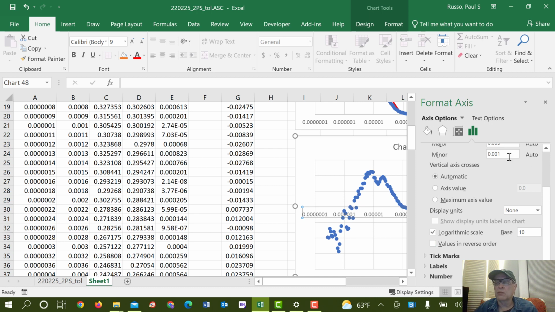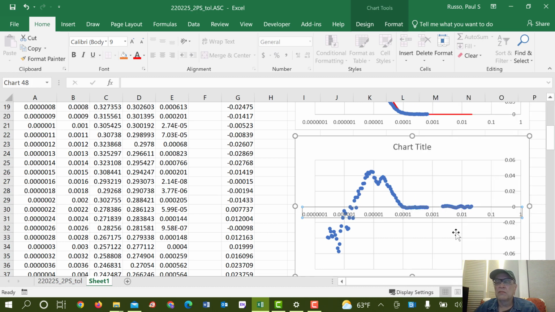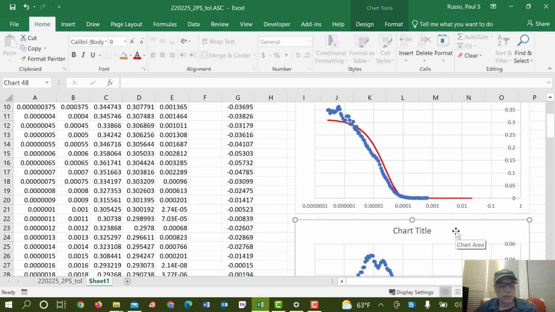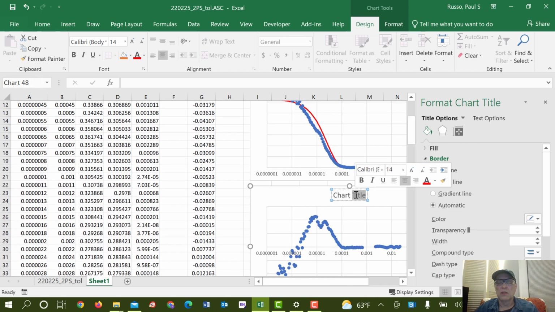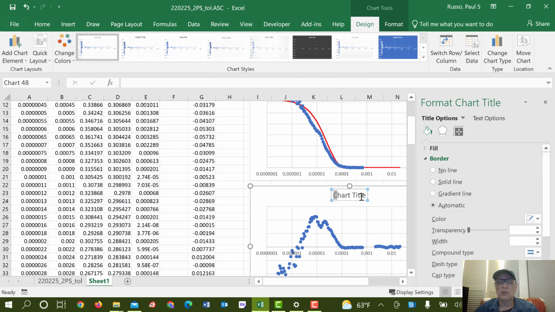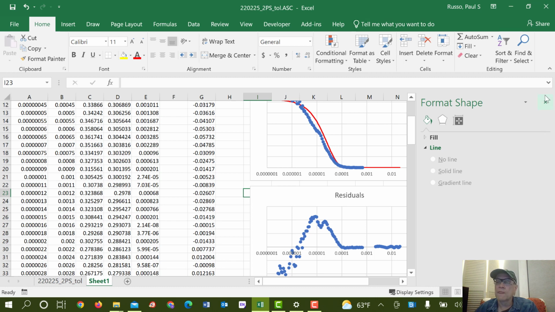Ah, looks better without that. Yeah, pretty much what we think. The residuals should be. We don't have a good model here for the size of the errors.